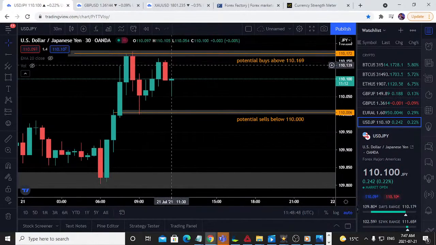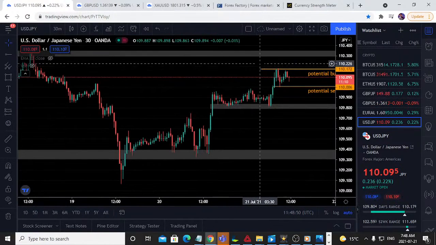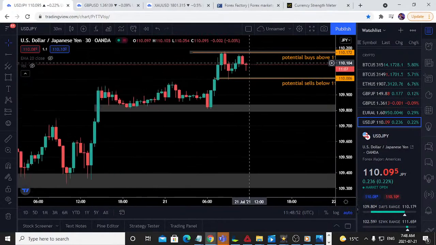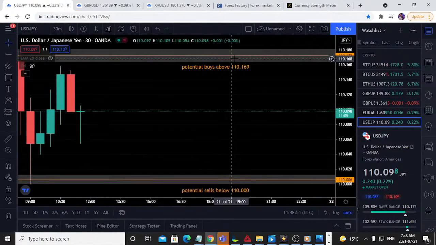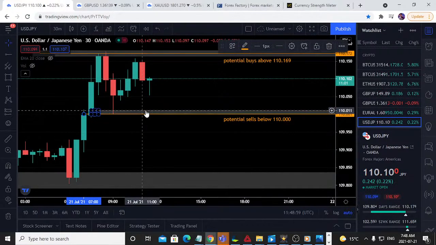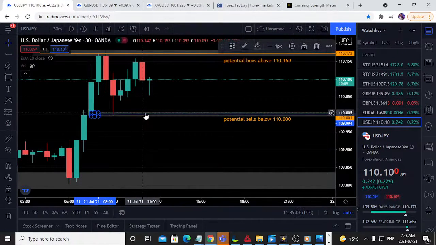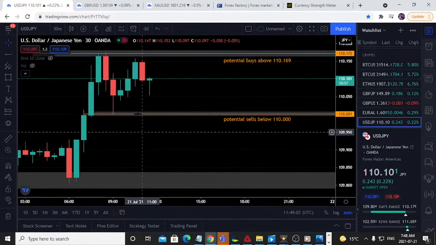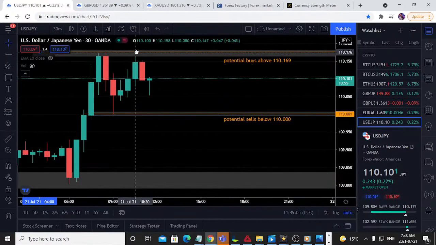This wick being broken out of will allow price to go into this smooth area for these amount of candles if it decides to go up. Now I'm going to adjust this to here and this to here, and again we're looking for the break of this candle.